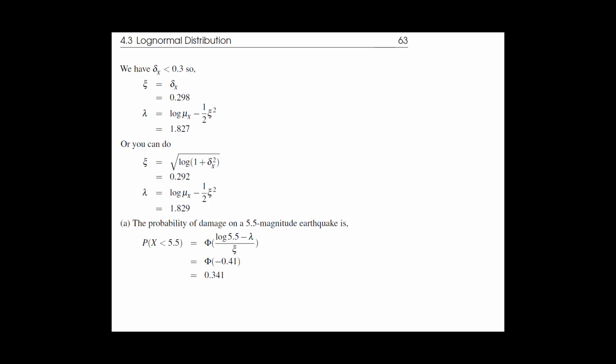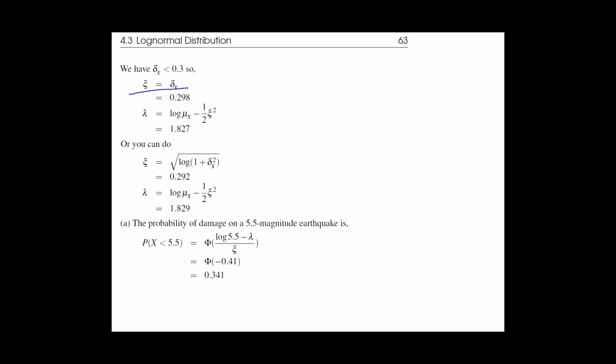Since that coefficient of variation we just calculated is less than 0.3, we can just assume that the parameter psi equals delta, and then we apply the formula for lambda. So we obtain our values for lambda and xi.